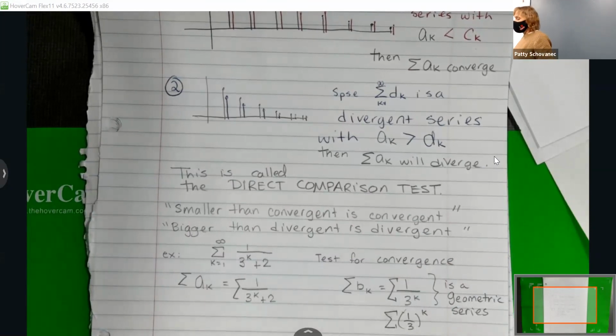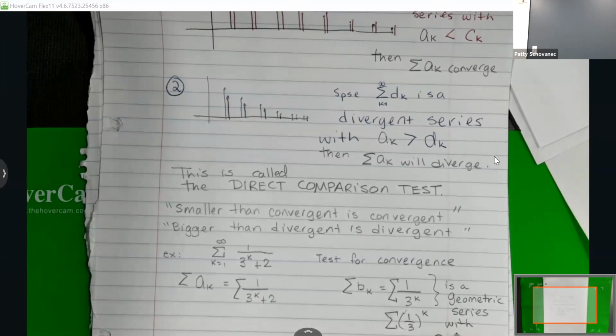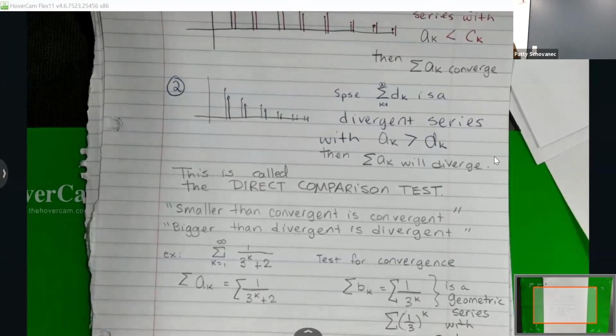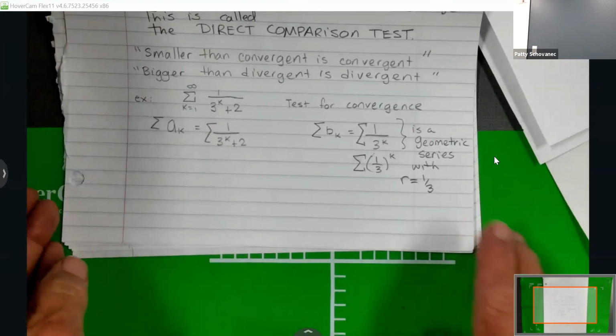K starts at 1. It looks like 1/3 plus 1/9 plus 1/27 plus 1/81, and so on. The geometric series where my multiplier r is 1/3. What do you remember about geometric series with a number like 1/3 being the multiplier?